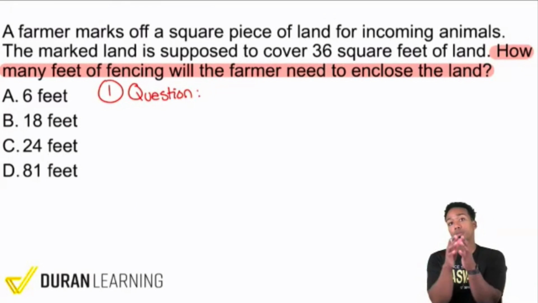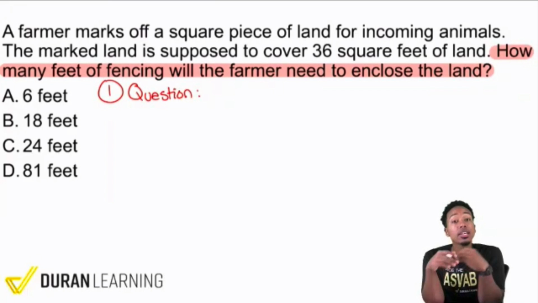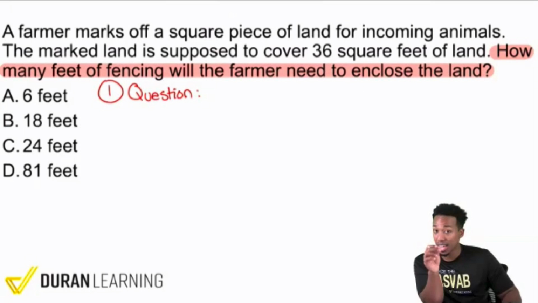So this is a perfect example of how the question will not tell you perimeter, area. You have to use context clues to get this. So everybody, who knows what the question is actually asking you to find? And second, how do you know what keyword gives it away?